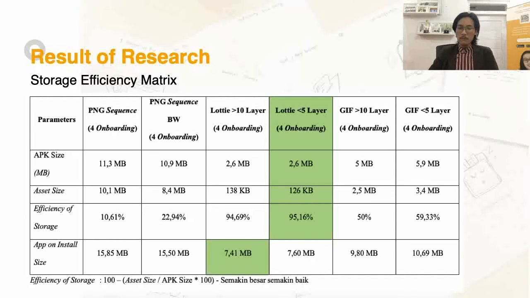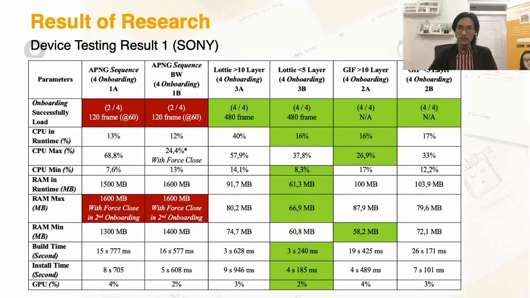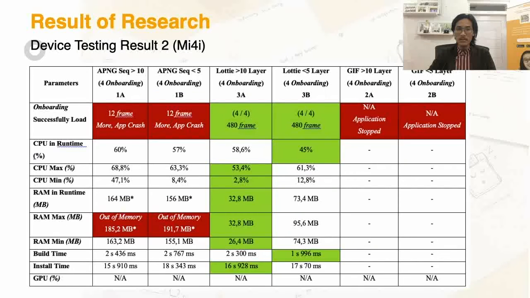Then we will present the device testing result on the Sony smartphone. On average, Lottie has the best performance between APNG and GIF. This is the result of research in device testing on the second device, the Xiaomi 4i.